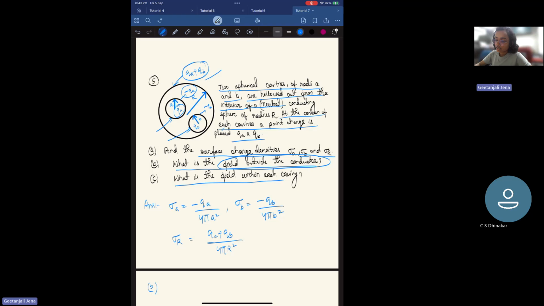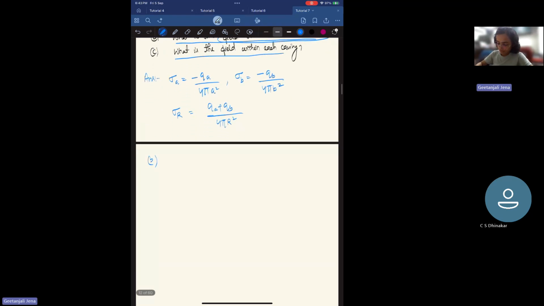That is why the total charge enclosed is QA plus QB. So the electric field outside is 1 by 4 pi epsilon naught, QA plus QB over R square, R cap, for R greater than capital R.